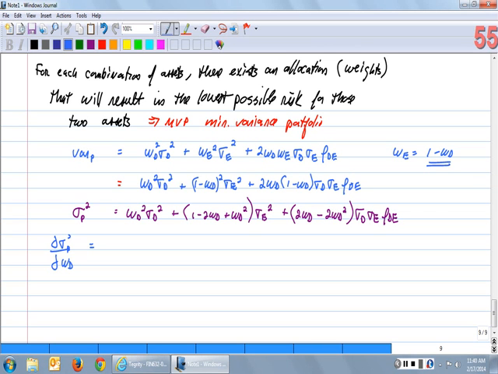Taking the first derivative, this gives me 2WD sigma D squared minus 2 sigma E squared plus 4WD sigma E squared plus 2 sigma D sigma E correlation DE minus 4WD sigma D sigma E correlation DE.